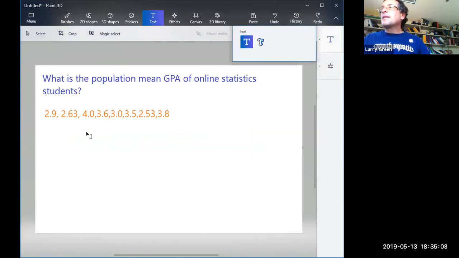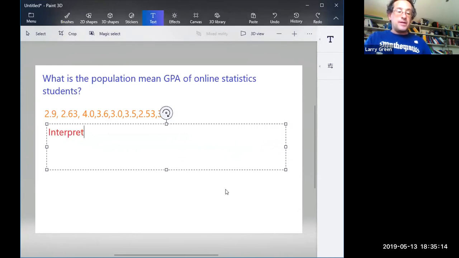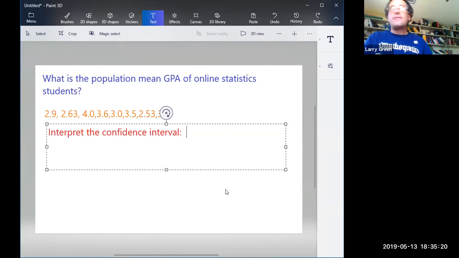Okay, so here's what it looks like. If I ask you to interpret the confidence interval, and for confidence intervals I'm always going to ask you to do this, you start out with the following words.